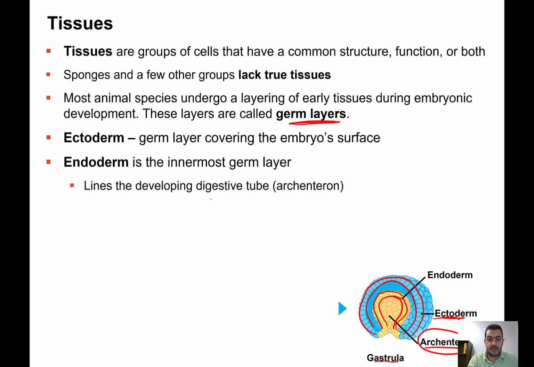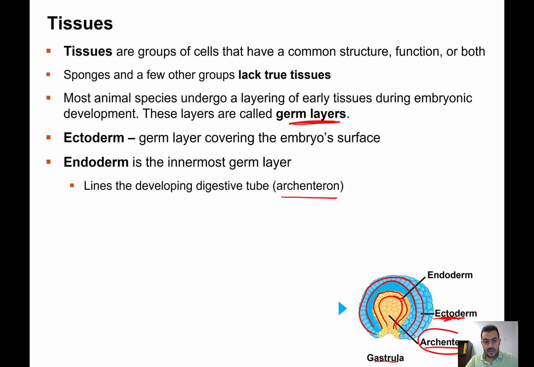So this is the archenteron, the digestive tube that is starting to develop. The layer that will directly cover this archenteron is the endoderm, the innermost germ layer. Then we have the outermost germ layer, which is called the ectoderm.